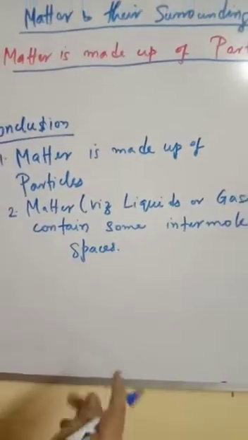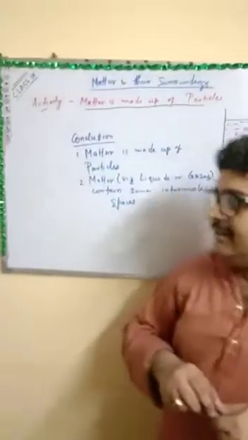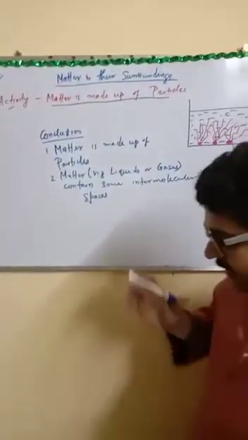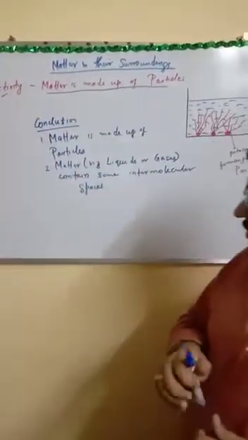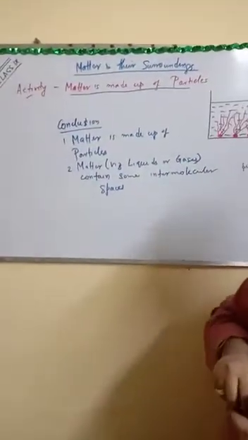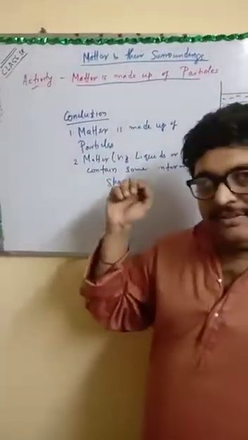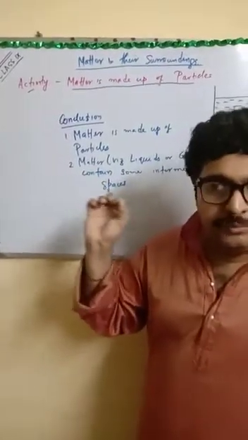Now a question will come, what about the solid? Yes, in solids this intermolecular space is very less. And in solid the particle can just rather oscillate on its mean position.